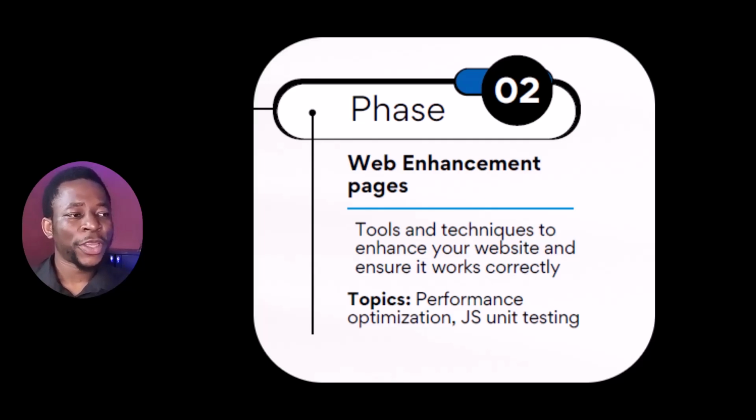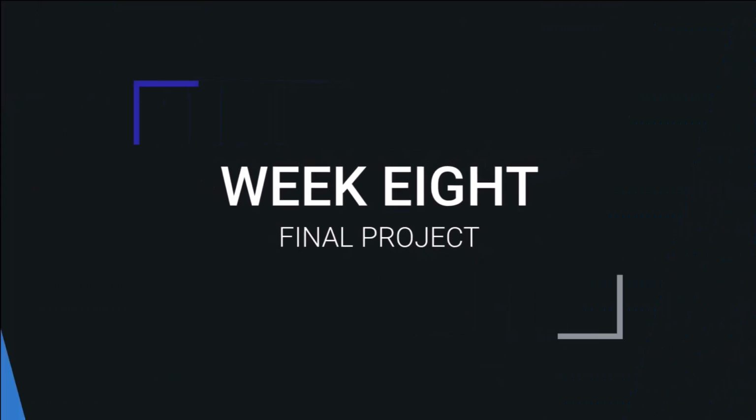The topics we'll cover in this part include performance optimization and JavaScript unit testing. Enhancing your website is key, and we'll look at tools and techniques to improve site performance, and then we'll also introduce unit testing to ensure that everything works as expected.